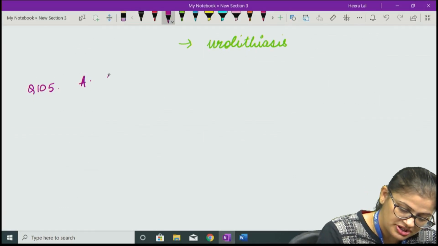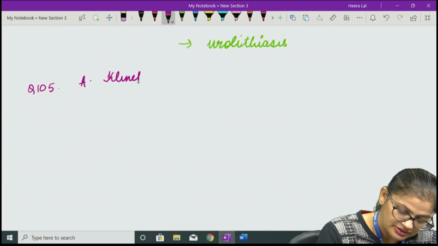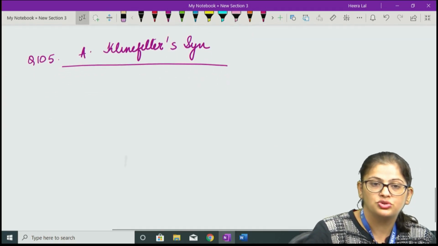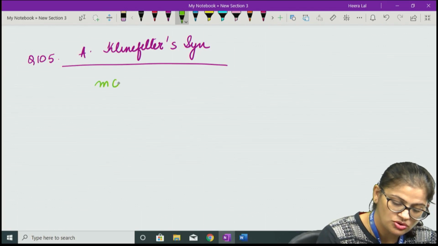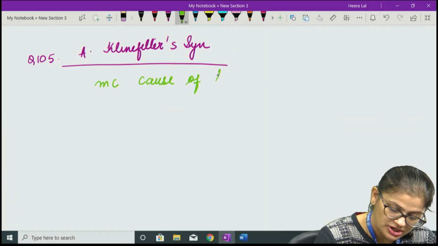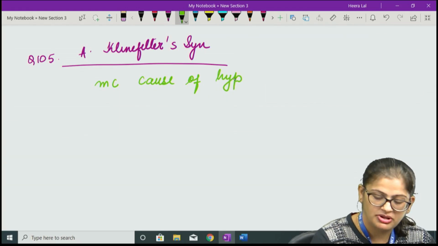So option number A, Klinefelter's syndrome, is the correct answer to this question. So you should know that Klinefelter syndrome is one of the most common causes of hypergonadotropic hypogonadism in males.